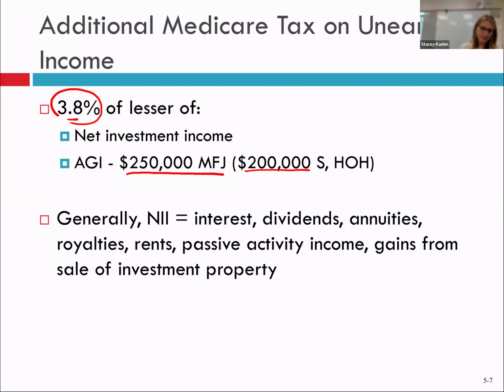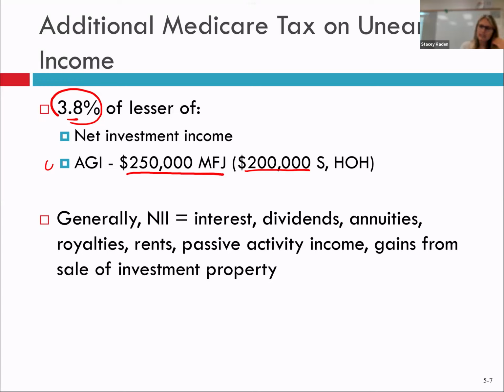And if you have no net investment income, you're not subject to this either, right? So it's 3.8% of the lesser of how much you exceed or your net investment income. So if your AGI is 100,000, this number here becomes 0. Therefore, you wouldn't be subject to the tax.